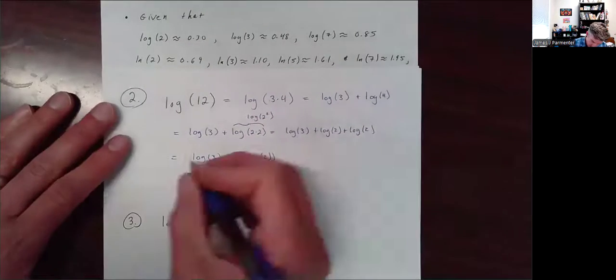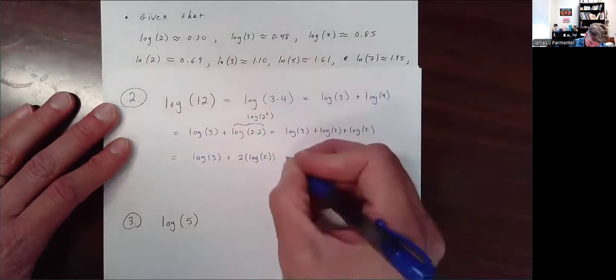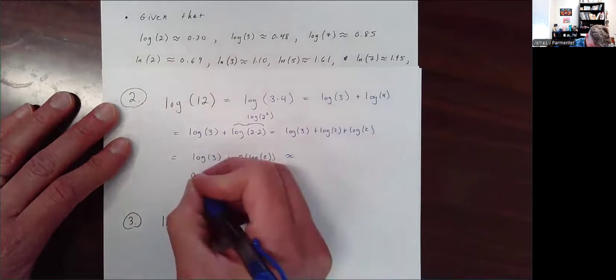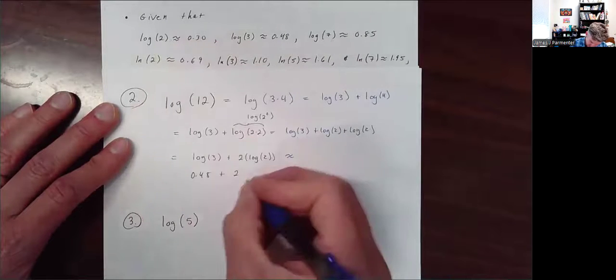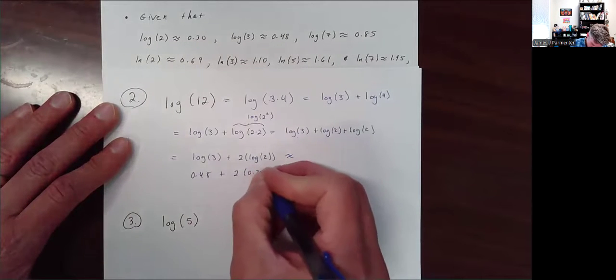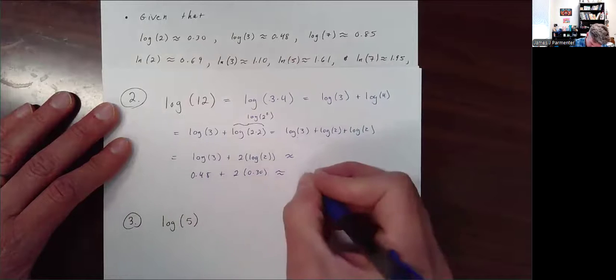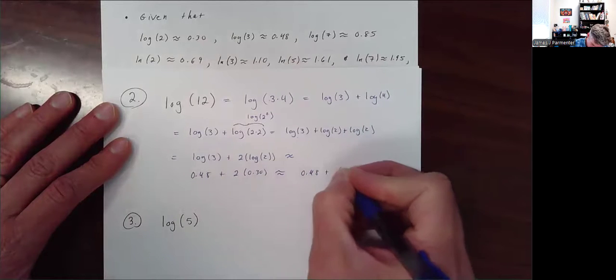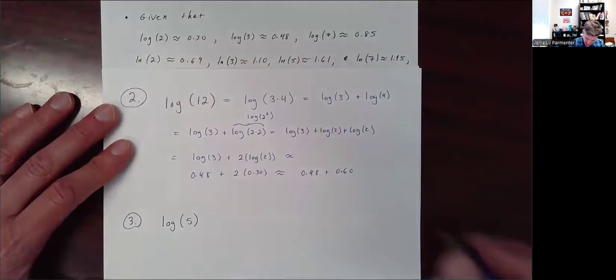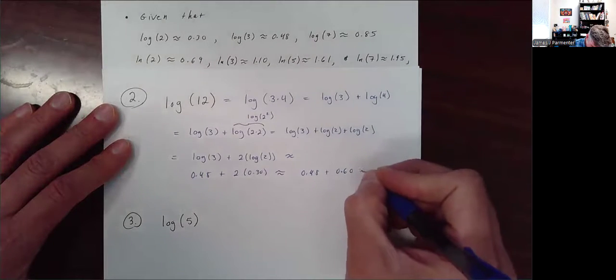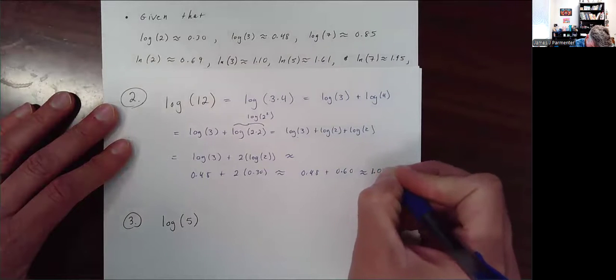Either way, log of 3 is approximately 0.48. And log of 2 is approximately 0.30. So we're going to get approximately 0.48 plus 0.60. 48 plus 60 is 108. So 0.48 plus 0.60 is 1.08.